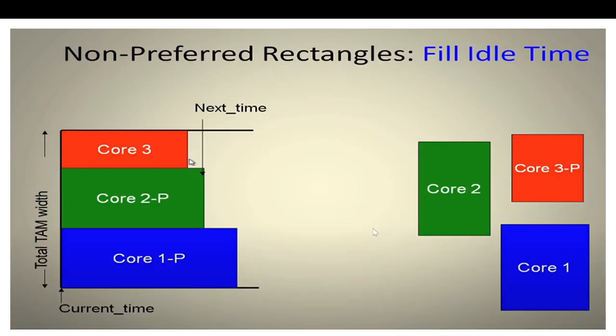So now non-preferred rectangles fill ideal time. Say these are the preferred widths. This one we are not able to fit here. So we have taken core 3. We have some ideal time which needs to be filled in.